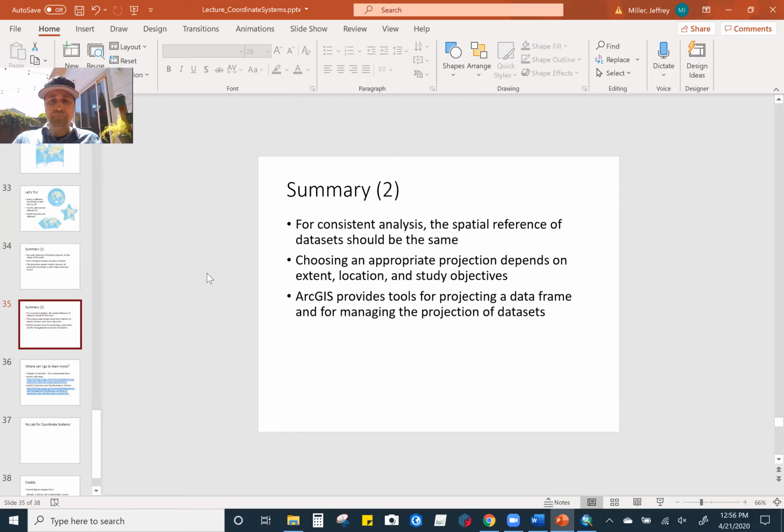And just to keep things tight, nice and neat, the spatial reference of different data sets should be the same, although we know that something like ArcMap is going to reproject them to revisualize them in a way that makes sense for us.